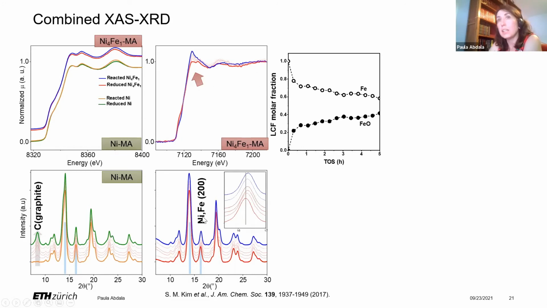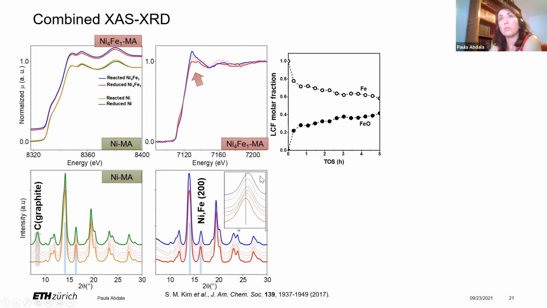And if we zoom closer here into the region of the nickel iron phase, so initially it's an alloy, we have confirmed this by XAS. This alloy, as we start to flow the dry reforming of methane mixture, it de-alloys.